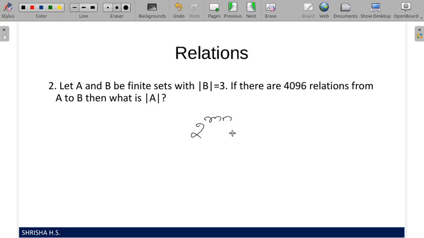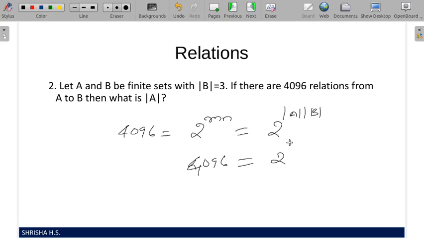So we can write it as 2 to the power of the number of elements in A times the number of elements in B. Now, 4096 total relations is given to us. We don't know the number of elements in A, but we know the number of elements in B.